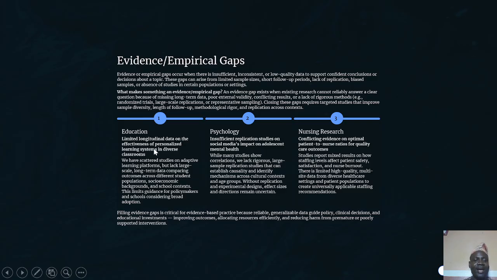Let's say personalized learning has been advanced as a method of teaching and learning, but we have scattered study on that, and there is no study that has actually given us a longitudinal dimension whereby a particular student uses that personalized learning over a long period.